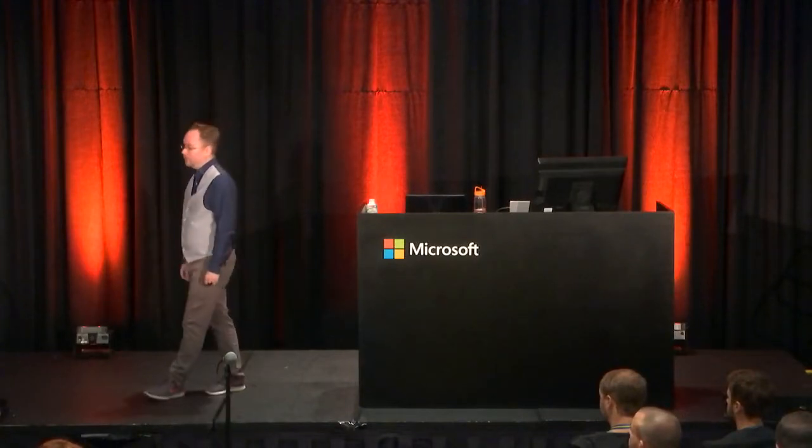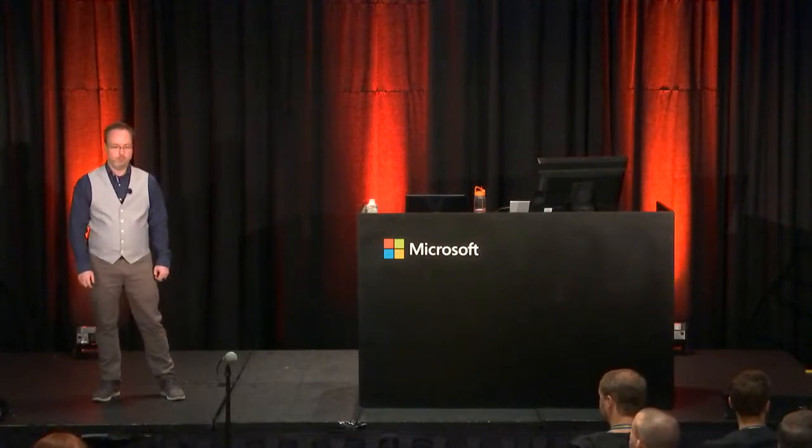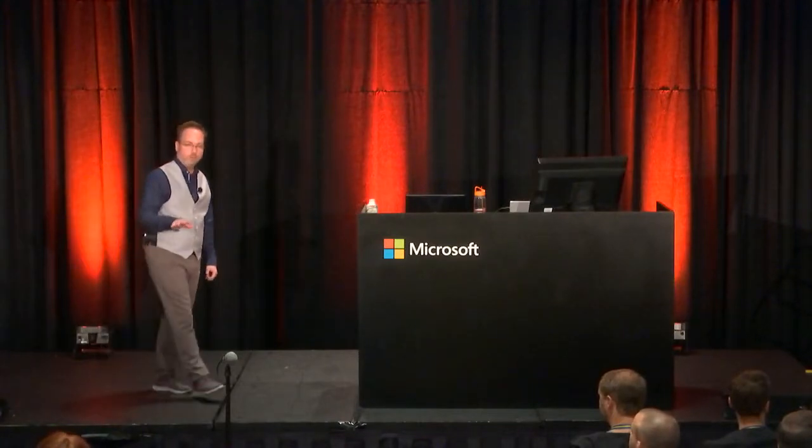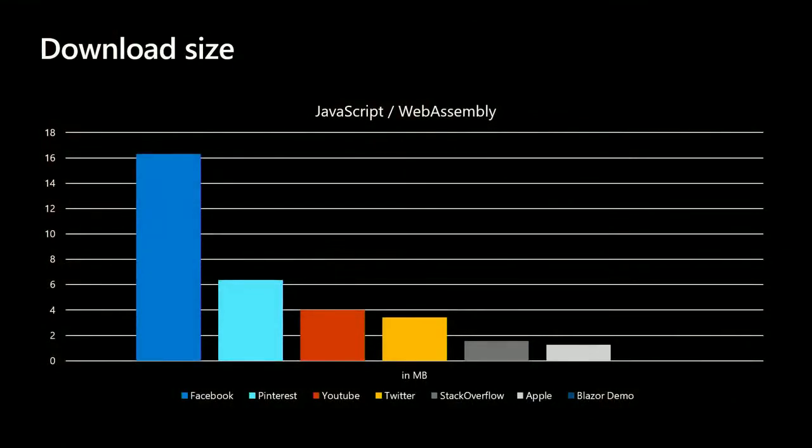Pinterest, a little bit more than 6 megabytes. YouTube, 4 megabytes. Twitter, 3 or almost 4. Stack Overflow, 1, or actually 1.5. Apple, 1.25. And just the standard Blazor demo, 1.2 megabytes.